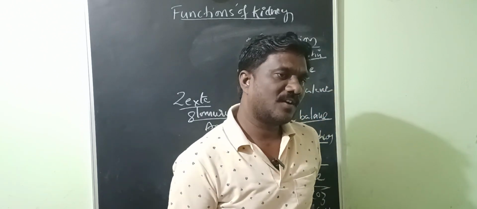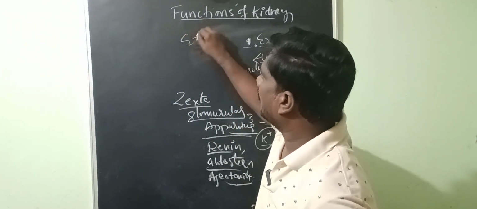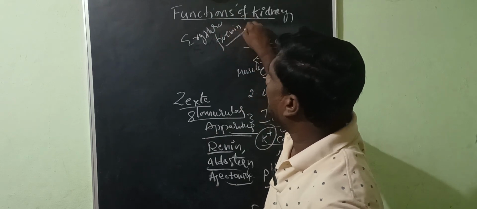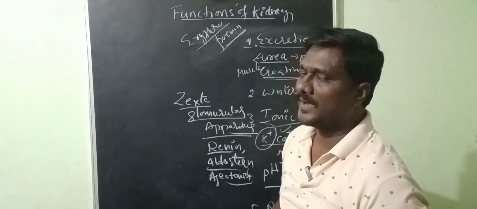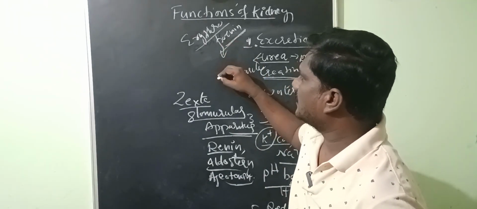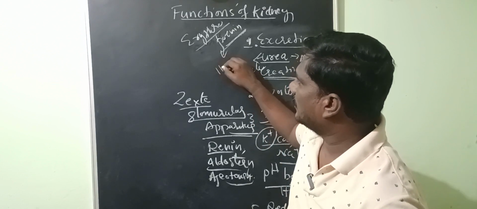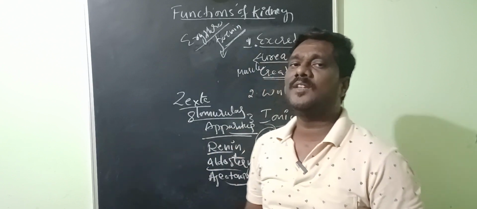If erythropoietin is absent or its secretion is low, it will impact the formation of red blood cells. Less hemoglobin in our body leads to anemia, one type of anemia.